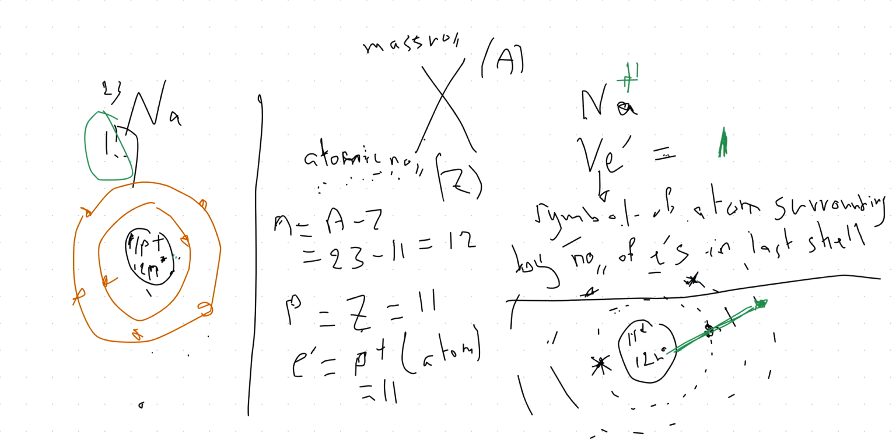I think it's still 1. It's wrongly distributed. It should be 2, 2, 2, 2, because this will be easier. Why didn't I put the last one? This is for sodium, going to the third shell. This is for sodium ion. This is for sodium, and this is for sodium ions.